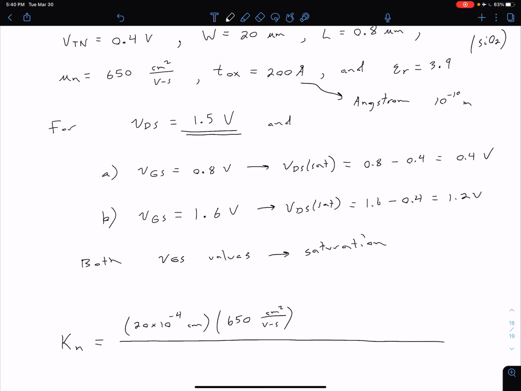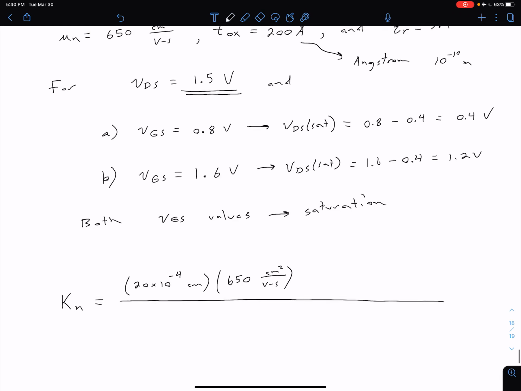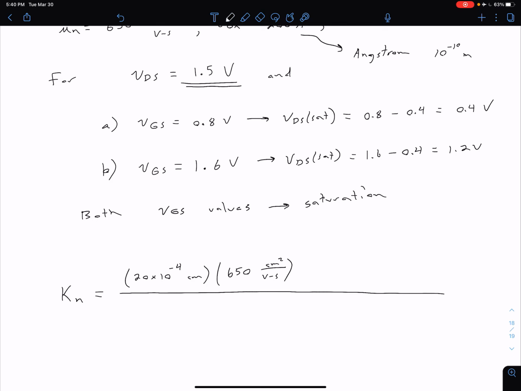We then have our permittivity of the material, and this is part of our Cox prime. So our permittivity is the relative permittivity, which is 3.9, and that's dimensionless, times our permittivity of free space, which is 8.854 times 10 to the minus 14th farads per centimeter.